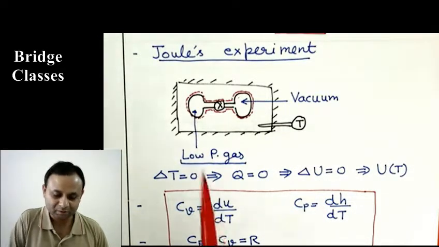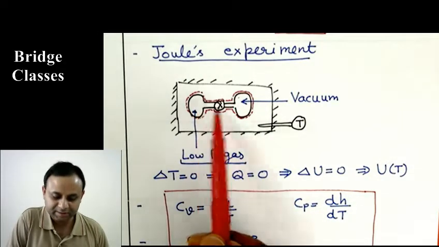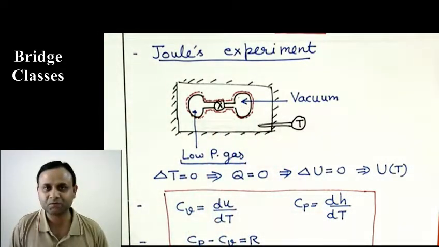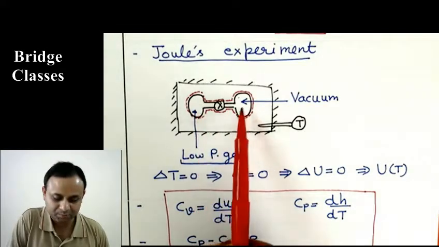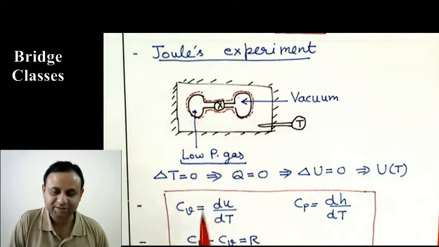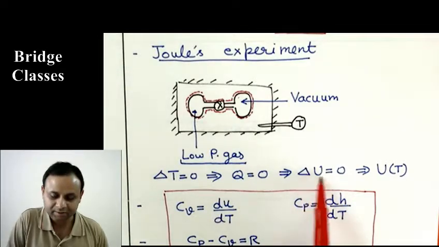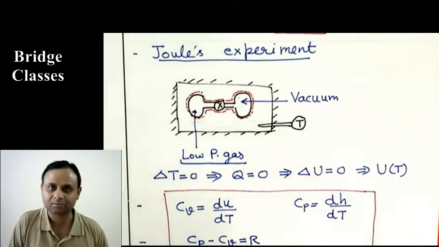But you see, when this gas is expanded, there is a change in volume. Specific volume actually becomes twice. And there is a change in pressure also. So there is a change in pressure and a change in volume, but still internal energy did not change, it remained constant.